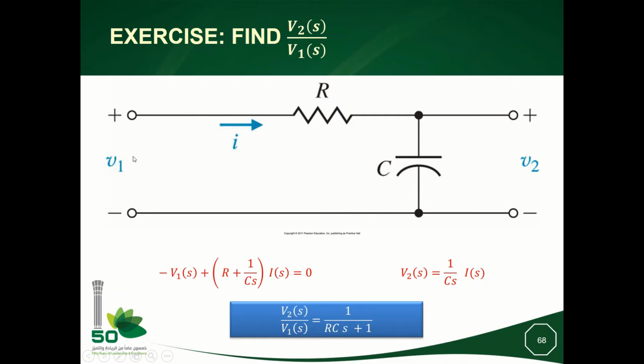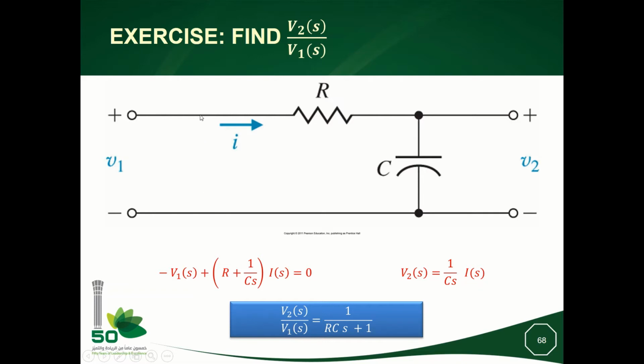So here I will see now, using the voltage division rule, that V2 is the impedance of C divided by R plus the impedance of C, times V1.